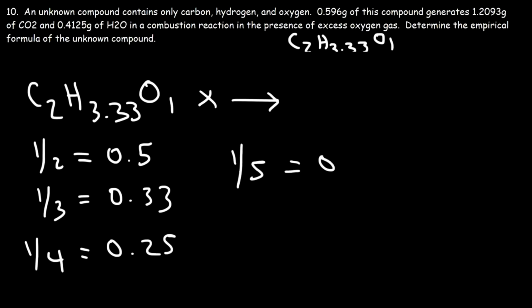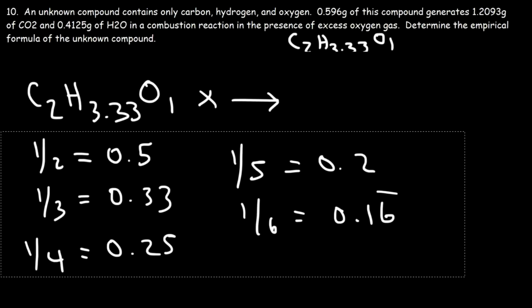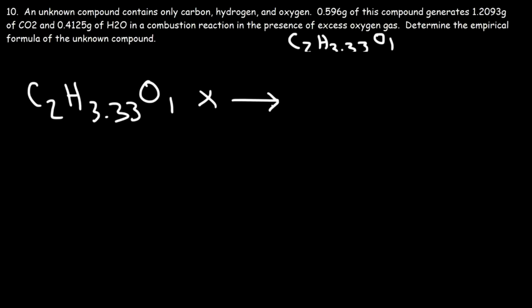If I had 0.2, I would multiply it by 5. If I had, let's say, 0.16 repeated, I would multiply it by 6. And so by understanding fractions and the decimals that are related to them, that can tell you what you should multiply the subscripts by. So in this case, we're going to multiply each subscript by 3.